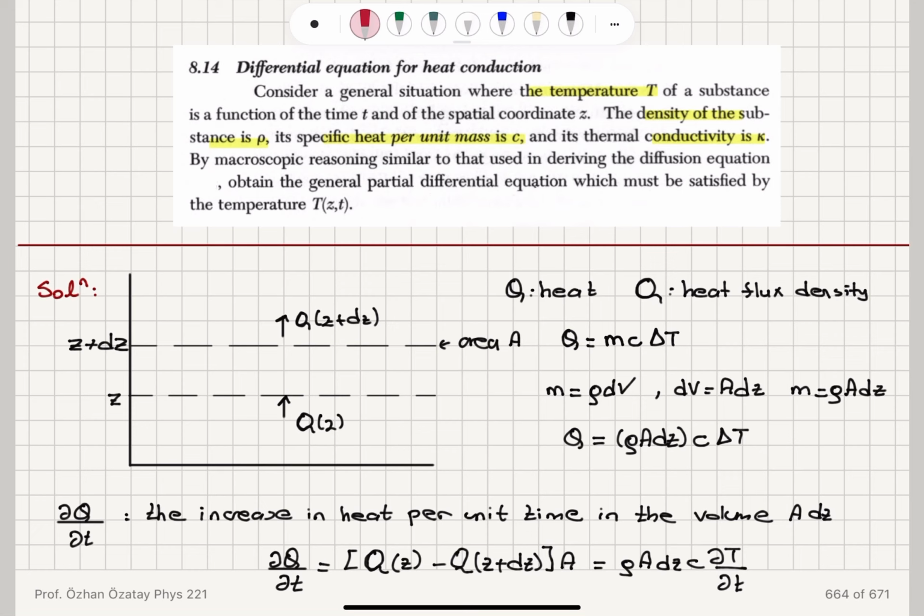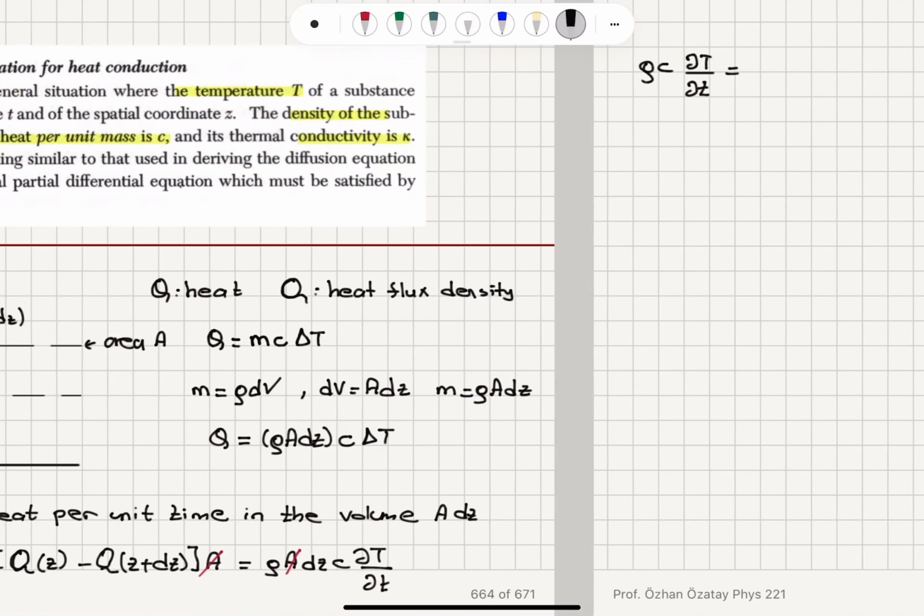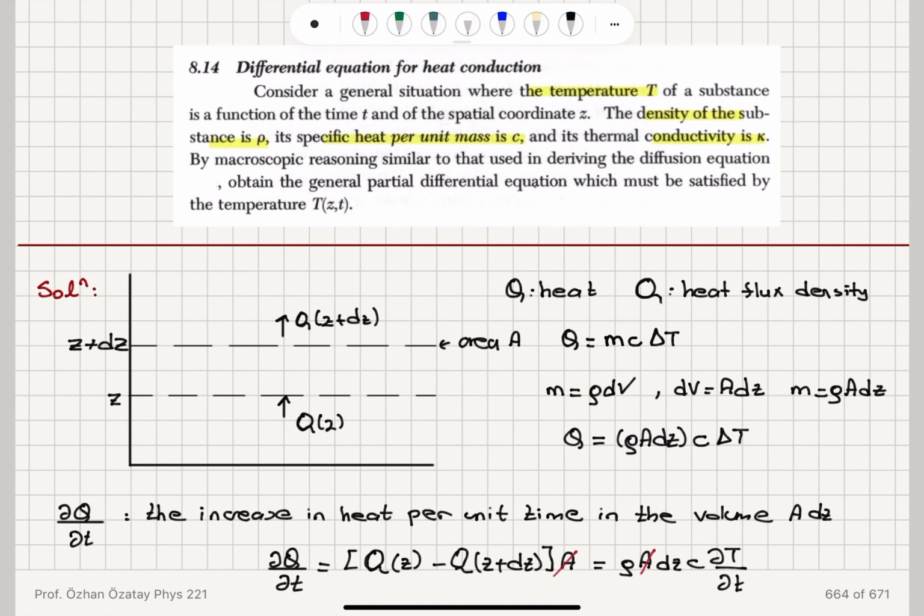So you can see in this equation the areas will cancel, and I will be left with ρ c ∂T/∂t. This dz will go downstairs to the left hand side. So I will have ρ c ∂T/∂t is equal to, now heat is entering at z, leaving at z plus dz.